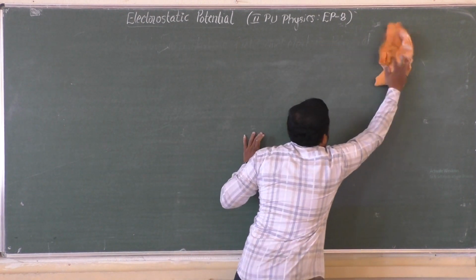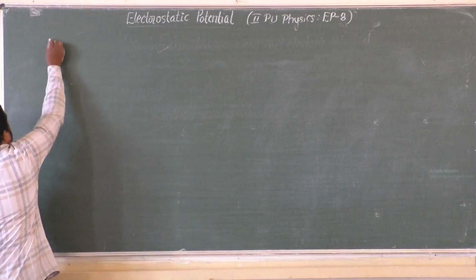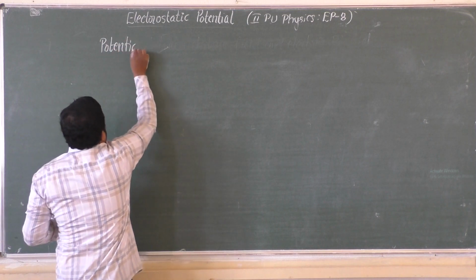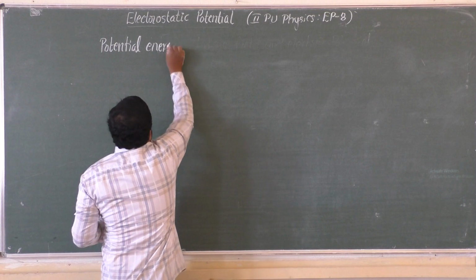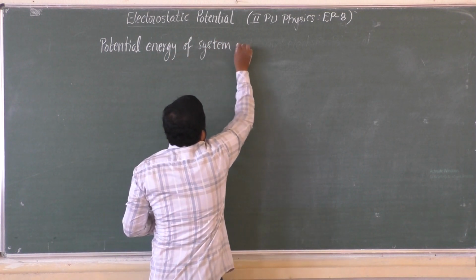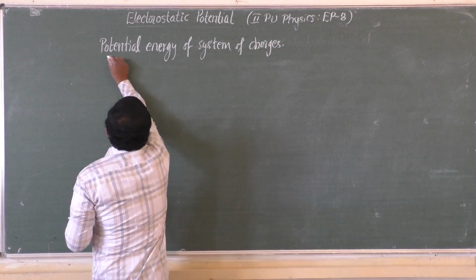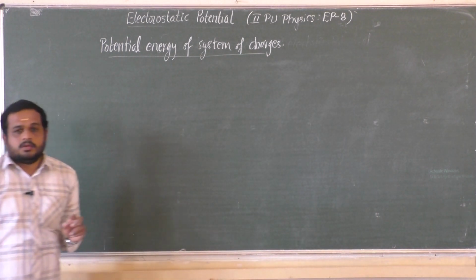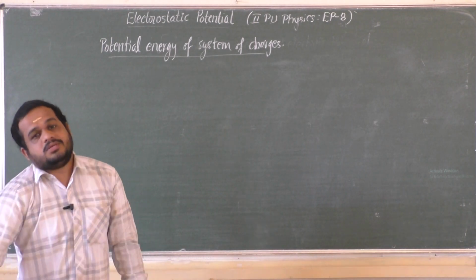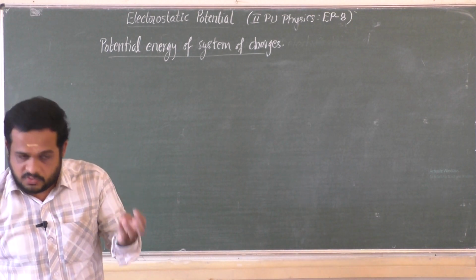Next concept is potential energy of system of charges. In earlier discussion, we have studied potential energy of unit positive charge, that is electric potential, in case of unit positive charge, in case of dipole.